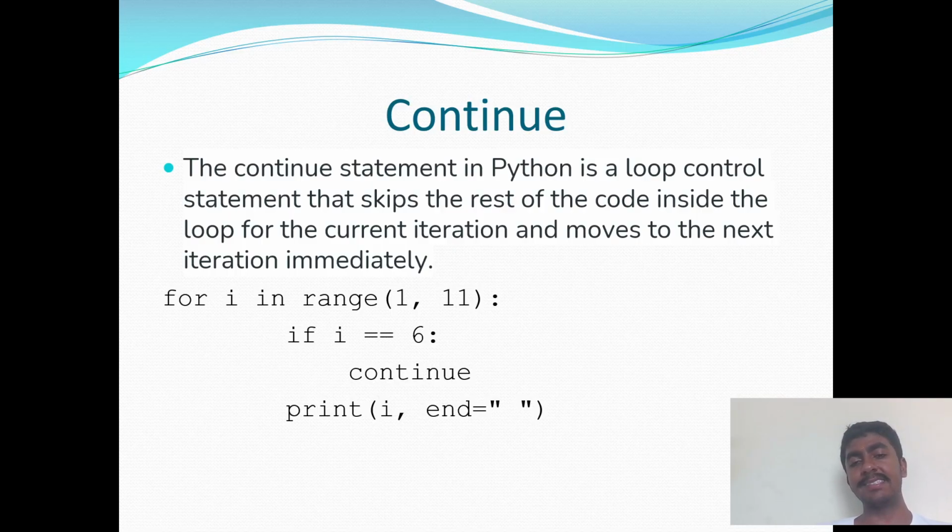Example 1, attendance. Imagine your teacher is calling attendance. Roll number 1 present. Roll number 2 present. Then roll number 3 absent. Does the teacher stop taking attendance? No. The teacher skips roll number 3 and continues with roll number 4. Example 2, YouTube comments. Suppose you are reading comments on a video. Most comments are genuine, but one comment contains spam.